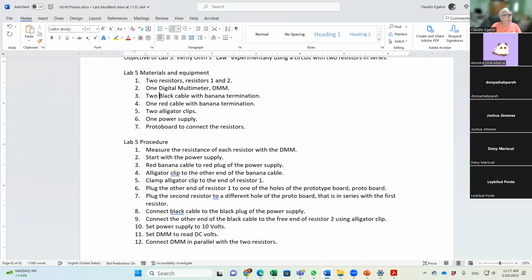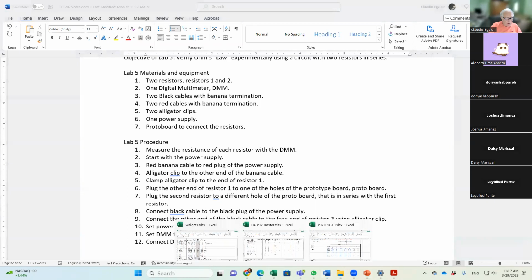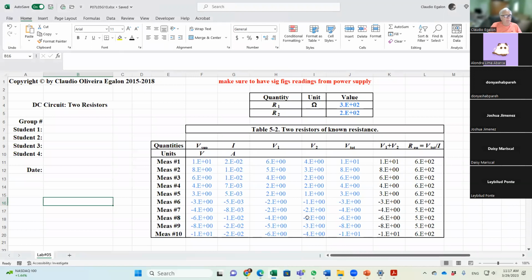Now we have two black cables to make the measurement, and we added a second red cable, two red cables with banana termination. And these are the measurements. See, that's the V total measurement.